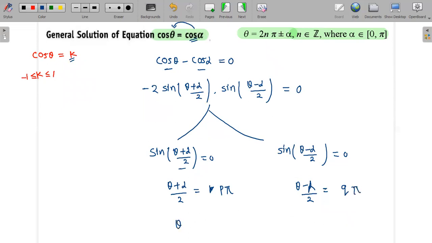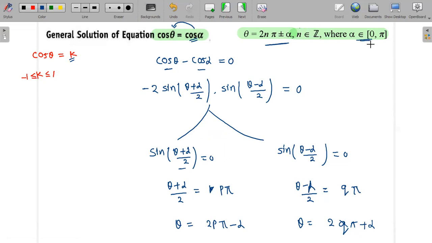So there we have two different values of theta. Theta can be 2p pi minus alpha, or theta may be 2q pi plus alpha. Collectively, we may write the solution as 2n pi plus or minus alpha, where these arbitrary constants p, q, and n belong to integers only.